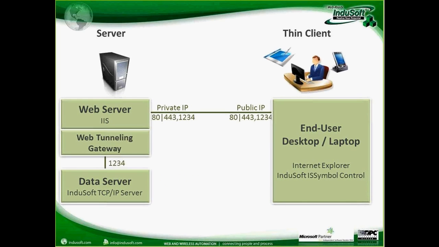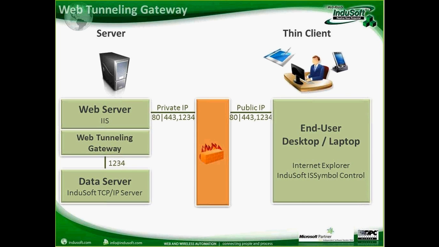A less common way is something we call the web tunneling gateway. The web tunneling gateway basically is for those customers who cannot, for whatever reason, push traffic on port 1234 through their firewall. Some people have their firewalls locked down. Some people have IT organizations which only allow you to have port 80 or port 443 traffic.